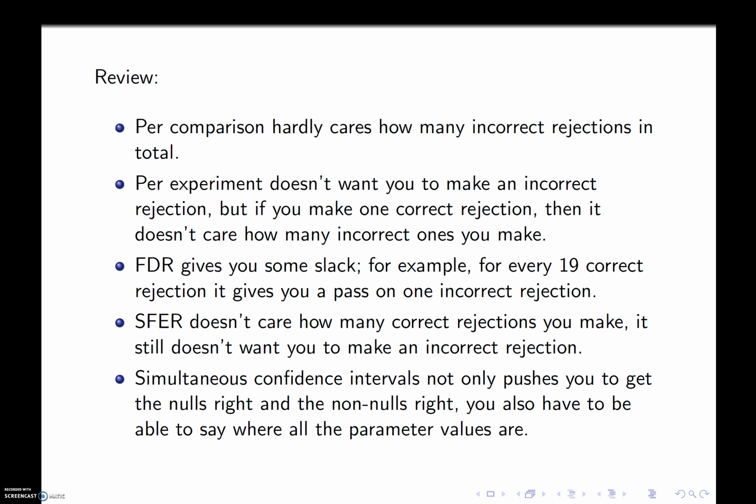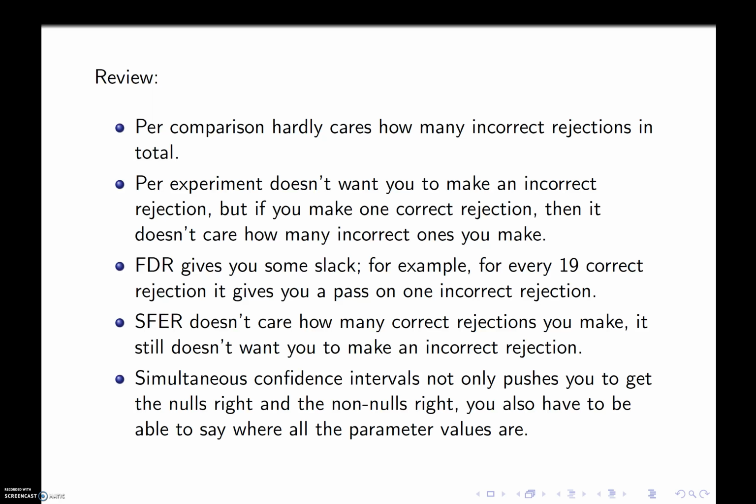All right, so a few points. Make sure you understand, if any of these don't make sense, go back and review, reread, or rewatch. Per comparison hardly cares about incorrect rejections in total. It just doesn't think about the existence of other comparisons. And we need to be thinking about how our rejection or failing to reject a null hypothesis affects what we should do on the others.